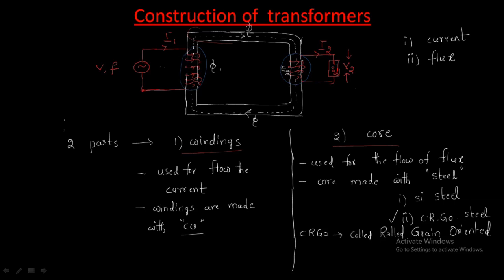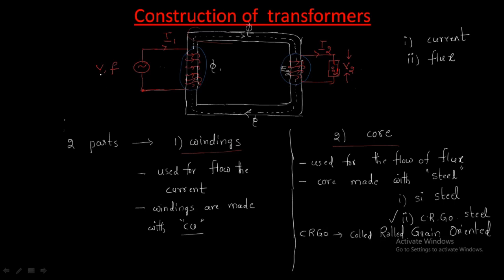The magnetic field travels from primary to secondary in the form of flux, and this flux enters the secondary winding, where it is converted again into electrical power. That electrical power is supplied to the load.